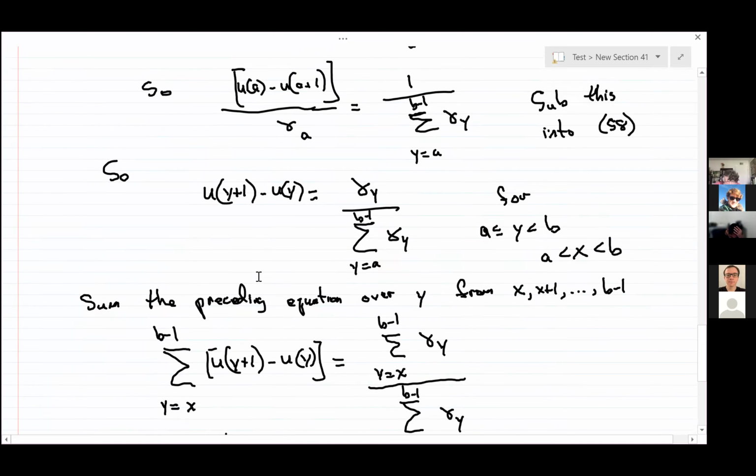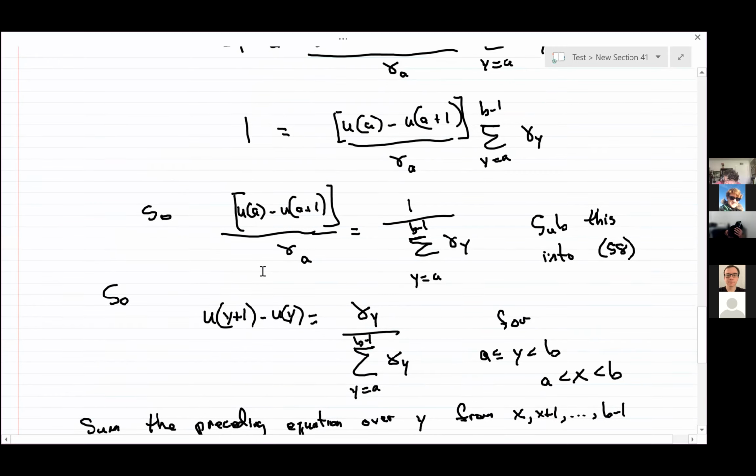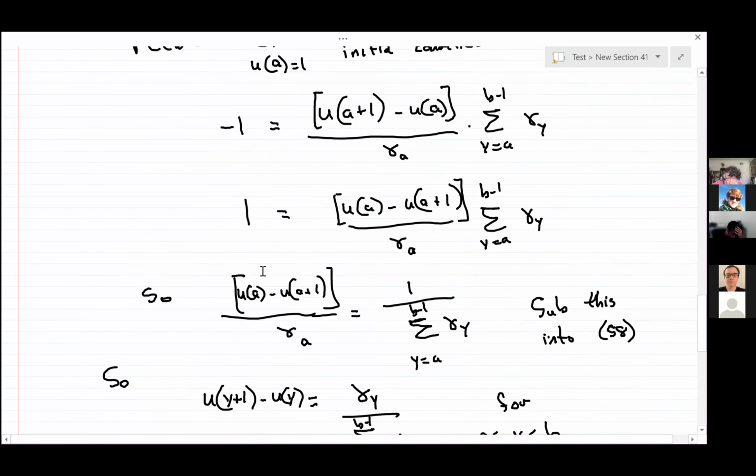Oh, this may be the mess up. I'm looking for a minus sign error.